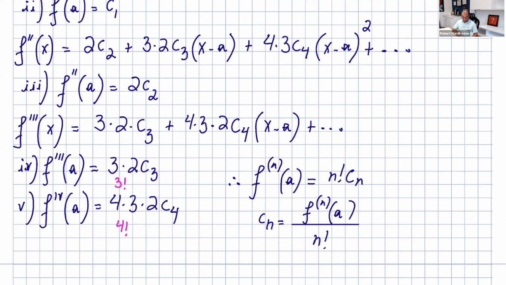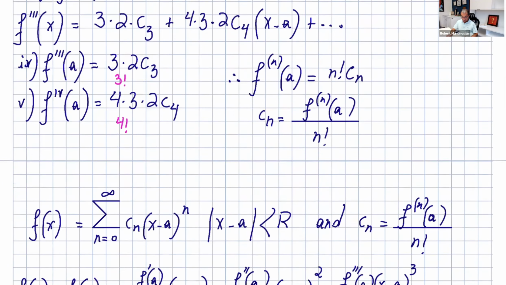The fourth derivative, if you put a in there, you see it's 4 times 3 times 2, so that's 4 factorial. So the general term, the nth derivative, if you substitute a in the nth derivative, you get n factorial times cn, and if you isolate cn, you get the nth derivative of a divided by n factorial. So that's how we can get the coefficients, by taking the derivatives.